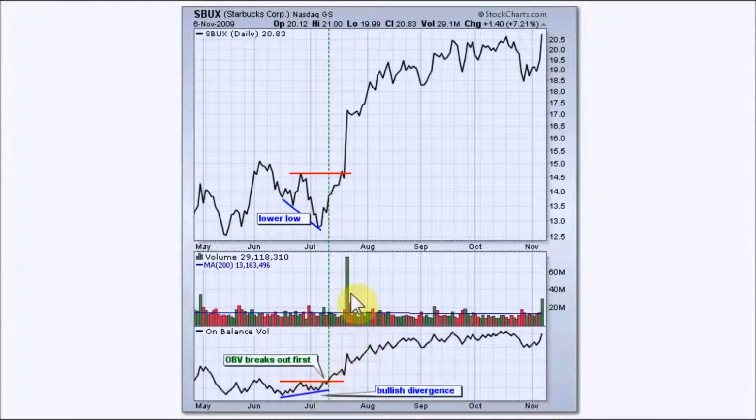And then, as always, when a stock breaks above resistance, you want to see big volume, and it was just huge that day. And OBV skyrocketed to new highs, just like the stock price did. So that is a bullish divergence that may predict that a stock will move up next.